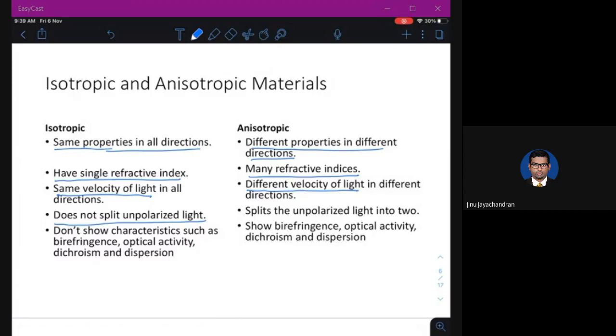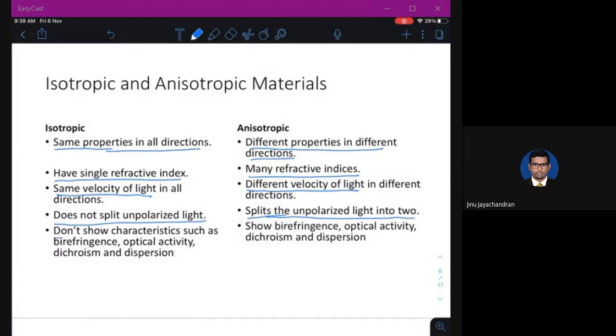If unpolarized light falls on an isotropic material, it will not change its polarization; it will still be unpolarized light. But if it is an anisotropic material, it will split the unpolarized light. So you can have a linear polarized light and a circular polarized light, or other combinations. You can have all those combinations.